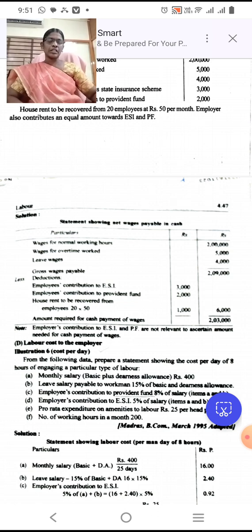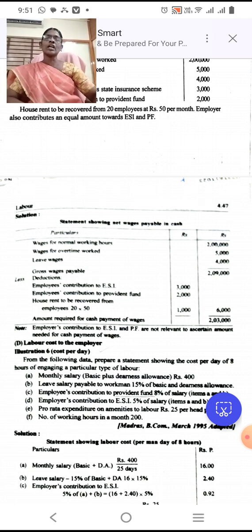House rent to be recovered, 20 employees into rupees 50 per month, 1,000. So total deductions are 6,000 rupees. Out of the gross amount 2 lakh 9,000, we need not distribute all of it. We deduct 6,000, and the actual payment to the employees is 2 lakh 3,000. It is enough to withdraw 2 lakh 3,000 from the bank to make the wage payment for this month.